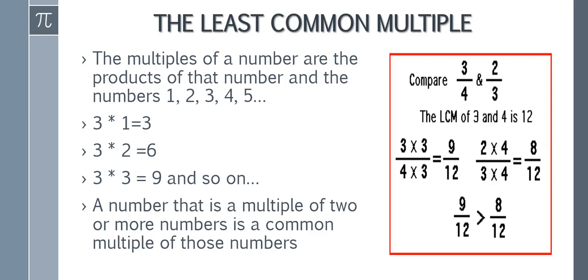You already know that 3 times 1 is 3 and 3 times 2 is 6. 3 times 3 is 9 and so on. Remember when we were going through our multiplication tables?